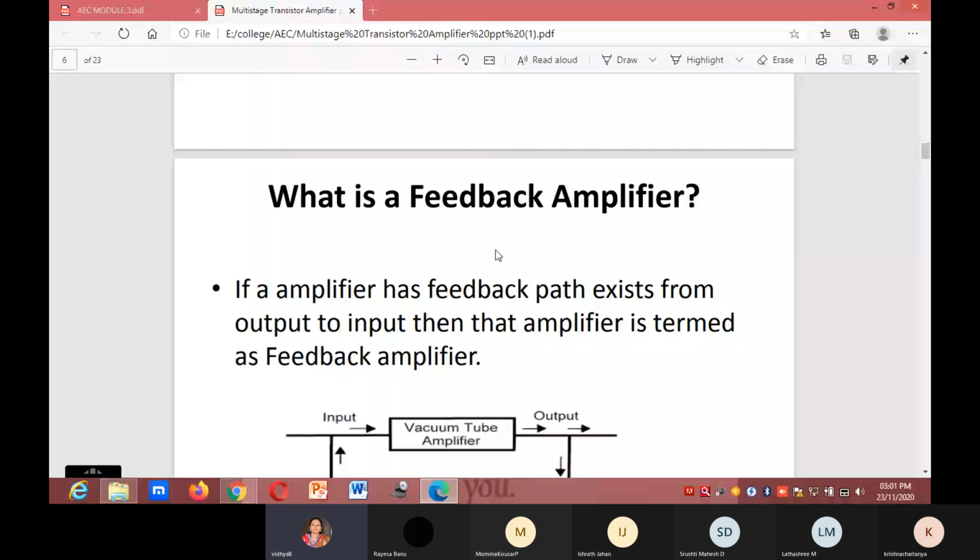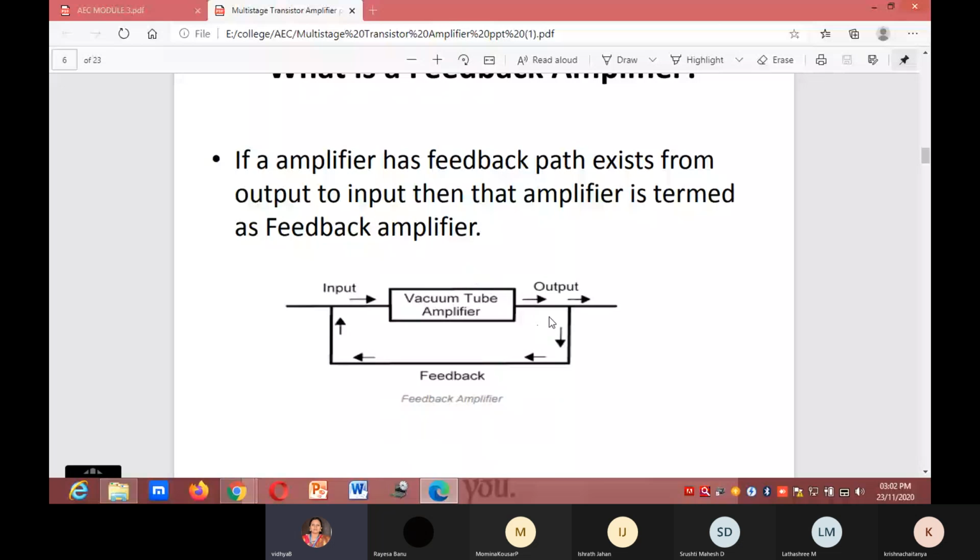You can observe here, from output to input, this is the feedback line. This is the feedback path.